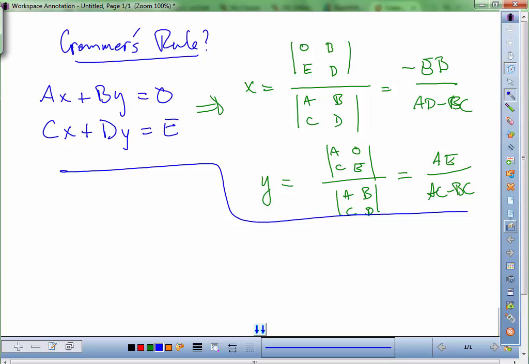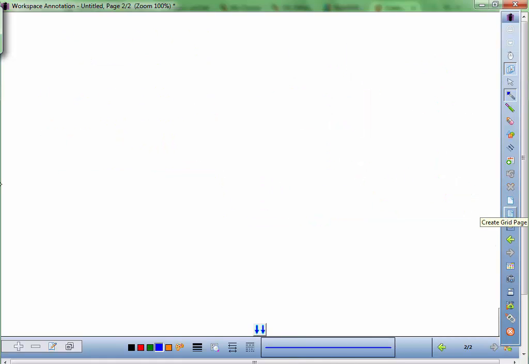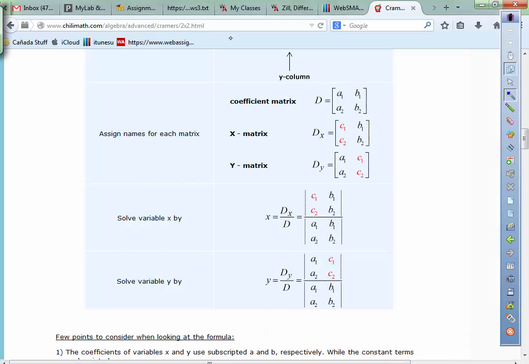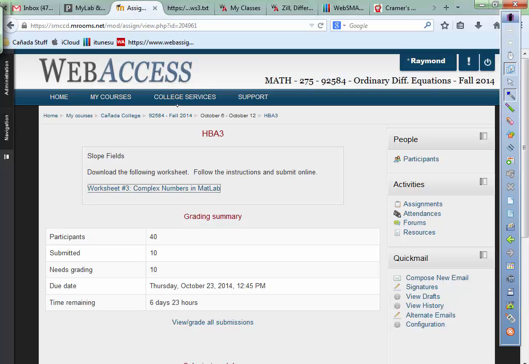All right. So, what have we been doing in this class? I get confused between this class and the other class. What's the last thing we did? Variation of parameters, right?